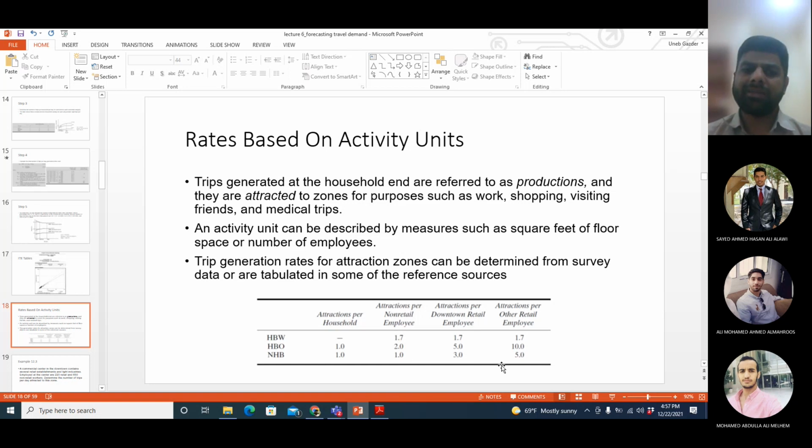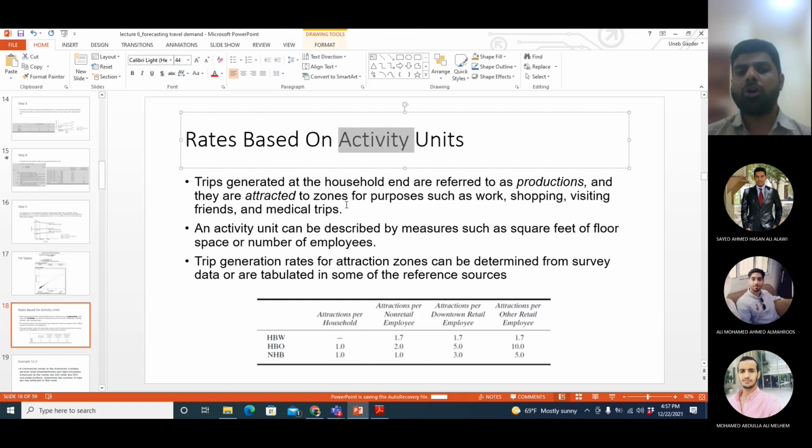Now the basic difference between this method and the previous method: the trips which you calculated from the previous method, or from the ITE manual, are known as trip productions. They are coming out of their homes. And the trips which are calculated using activity units are called trip attractions.